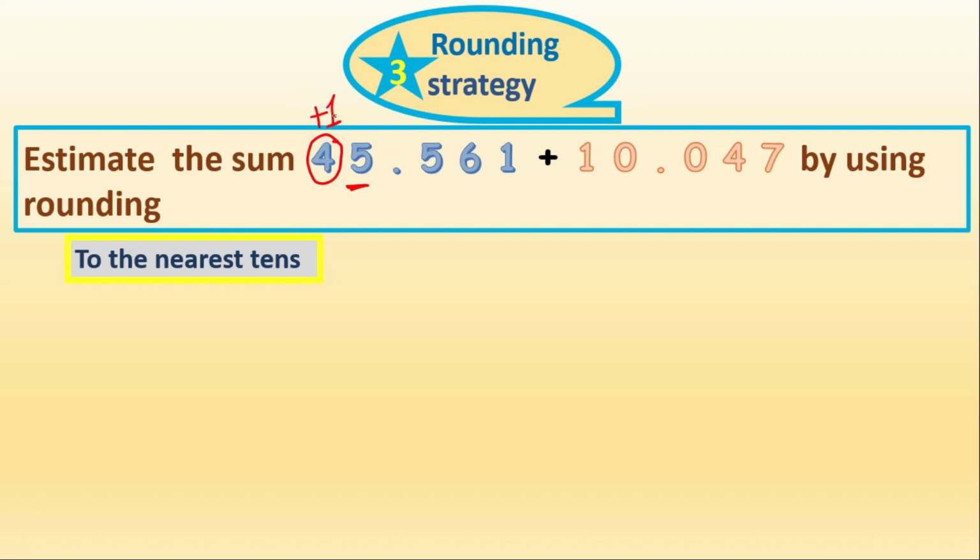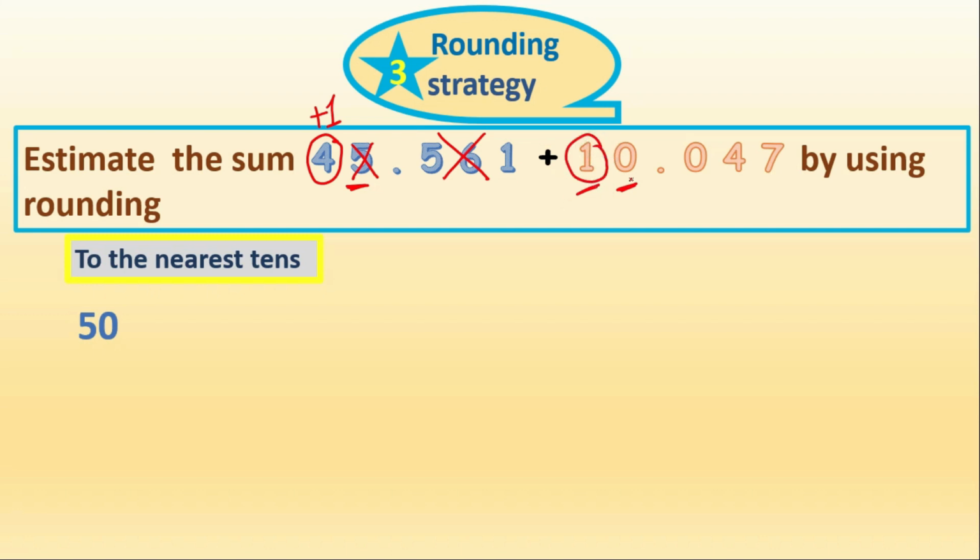So 4 plus 1 equals 5. 4 is replaced by 5, and then cancel 5 and replace it by 0. So the number will be 50. And then say bye bye to all decimals. Okay, the next number, 10. Circle the 10th digit. 0 is in the 1's place, so 1 is in the 10th place, so circle 1.